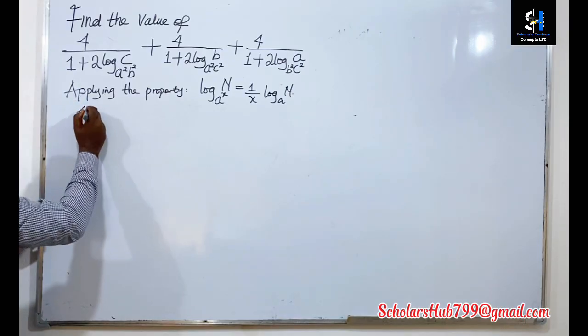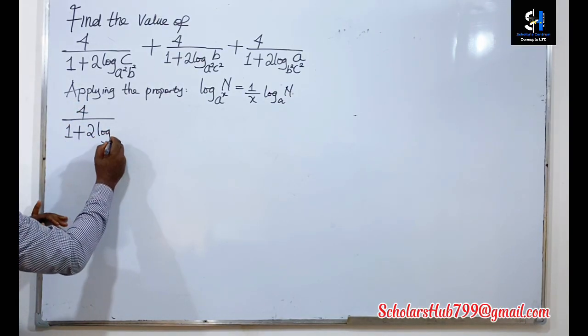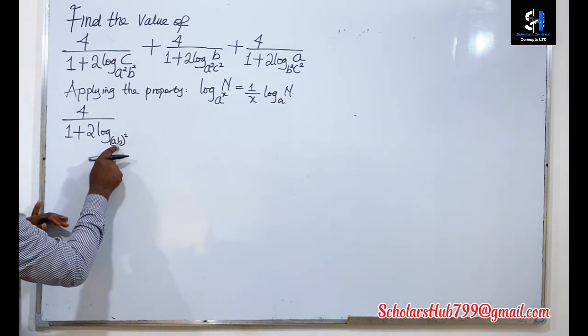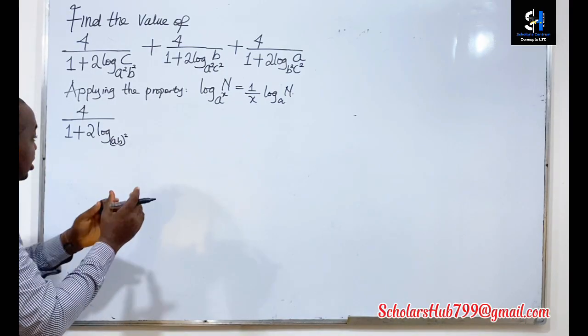So I'll then write 4 divided by 1 plus 2 logarithm to base ab of c, because this a and b has a power of 2, so I can make them one entity.